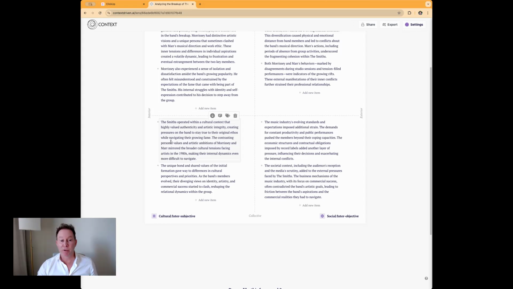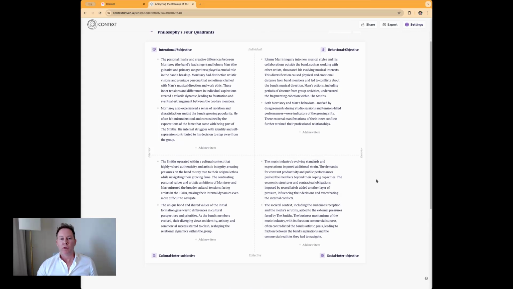And there were differing personal values between Morrissey and Marr. Okay, fair enough. That's often what's going on in a breakup, it's occurring in this quadrant. And then in the exterior of the collective, it's talking about the industry, the societal context, the audience reception, media scrutiny, et cetera.